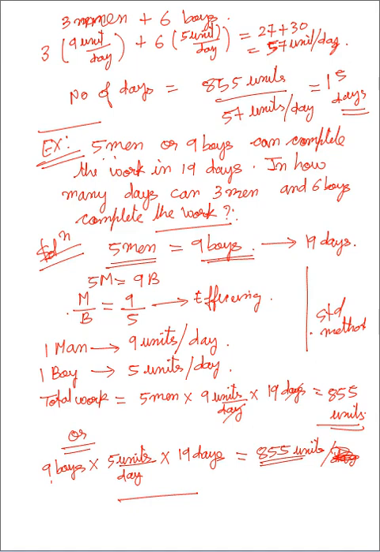So the data is, they have given 5 men is equal to 9 boys and 19 days. So 5 men or 9 boys, both are equal.